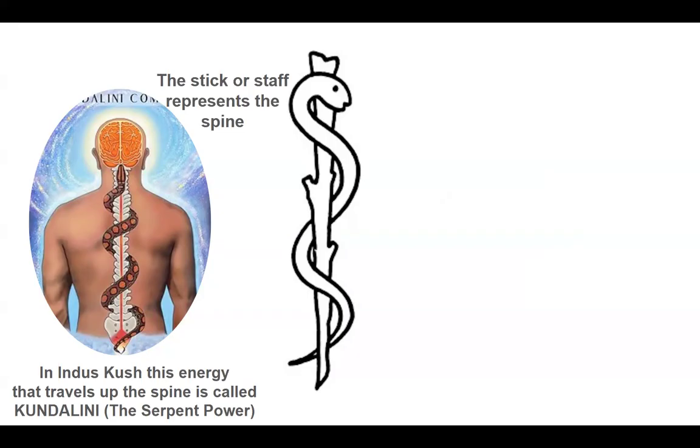Because the energy moves in a serpentine way. So we use the symbol of a serpent to represent how the energy is flowing. Kundalini doesn't go straight up the spine. It's like a serpent that curls itself up, in and out, right and left.